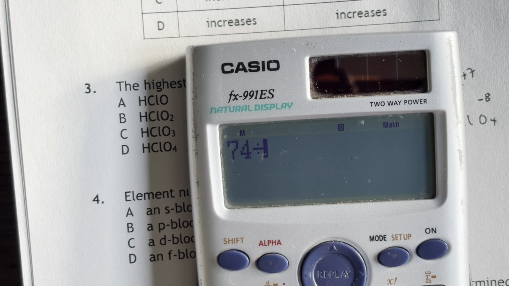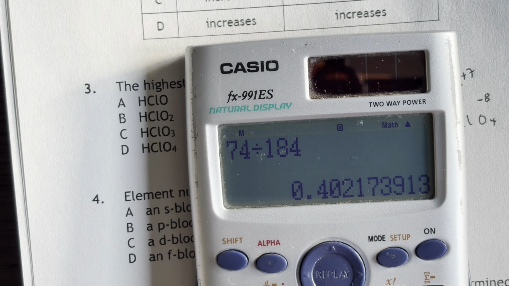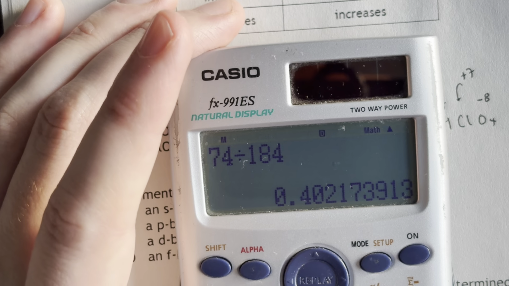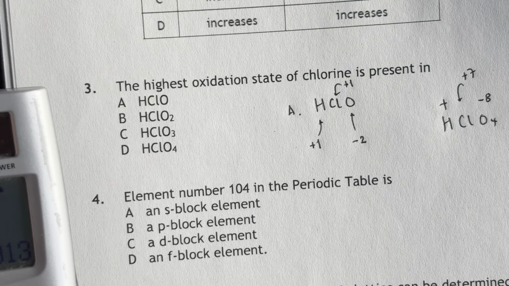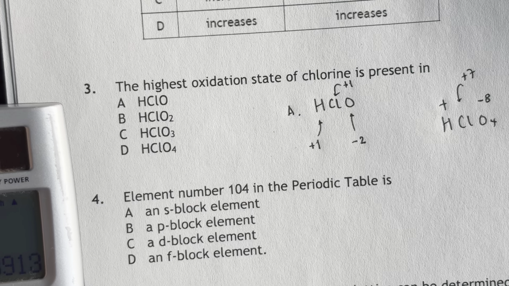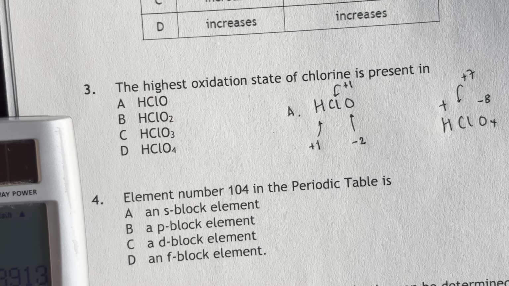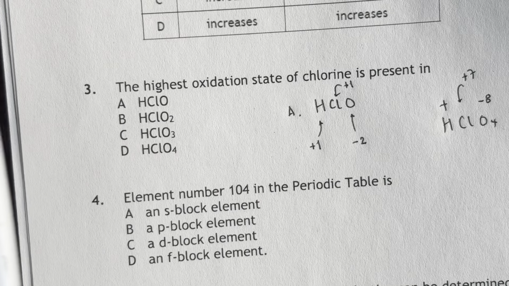So 74 divided by 184 gives me a fraction, but it equates to roughly 0.4. And I know that that puts me in the range of 0.23 to 0.42. So the coordination number then would be 4, which puts us at answer B.